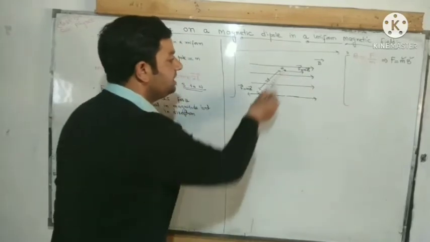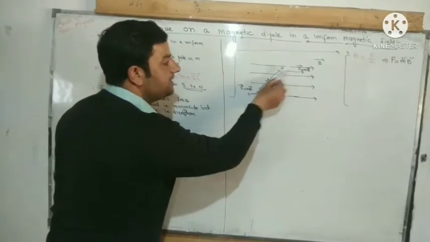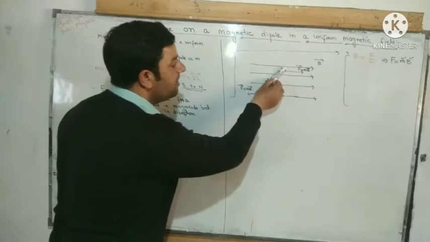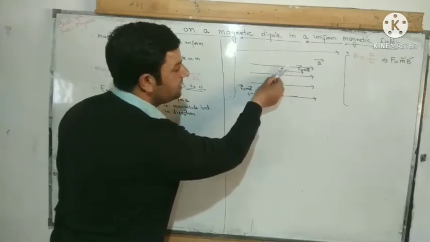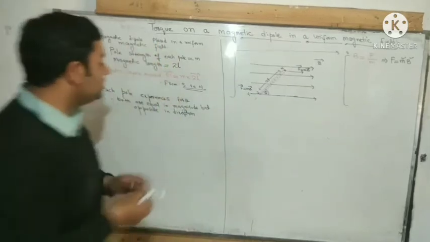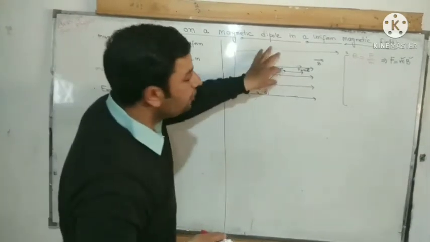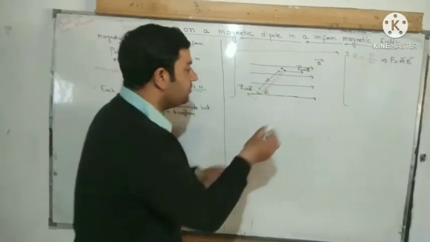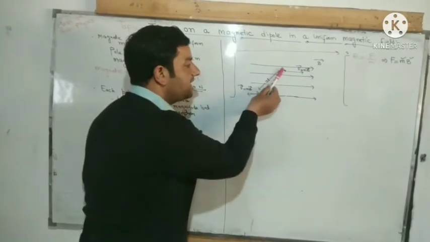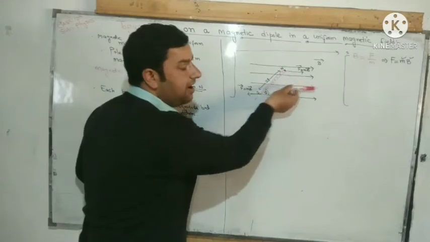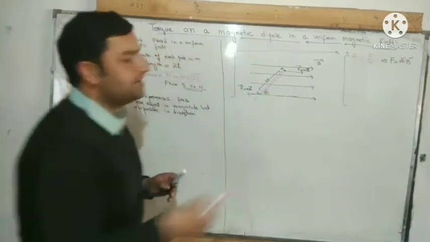So there will be no translational motion, but the dipole will try to rotate. These two equal and opposite forces tend to rotate the dipole in this direction, along the direction of the magnetic field.